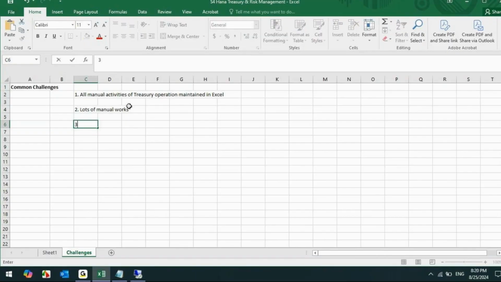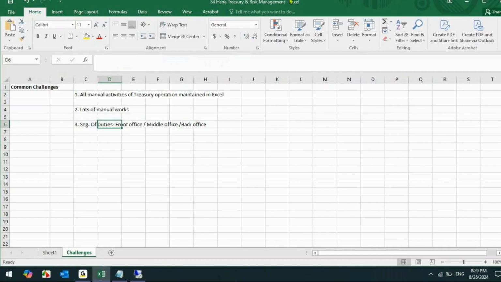The next problem we've seen is segregation of duties. Whenever you see any organization structure of treasury, when we talk about the normal organization structure, we talk about the front office, middle office, and back office.